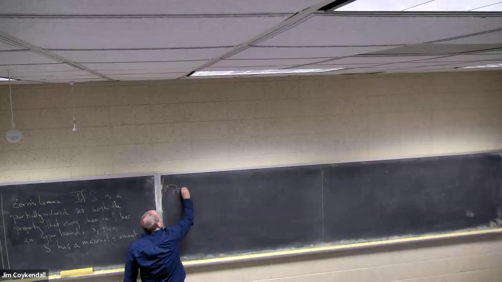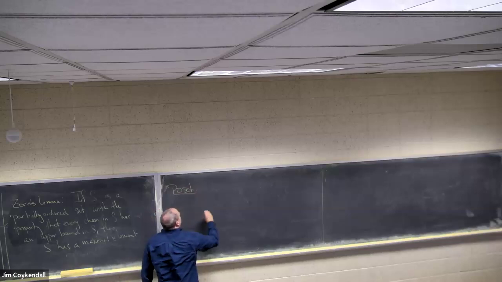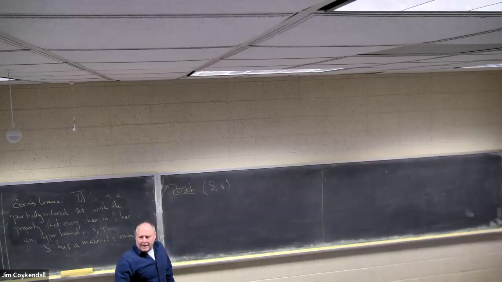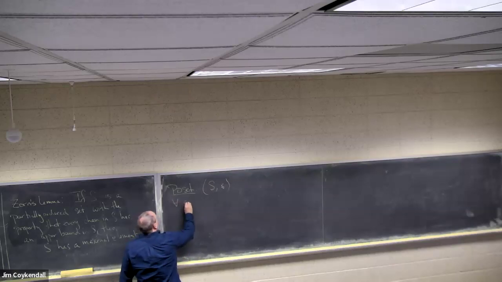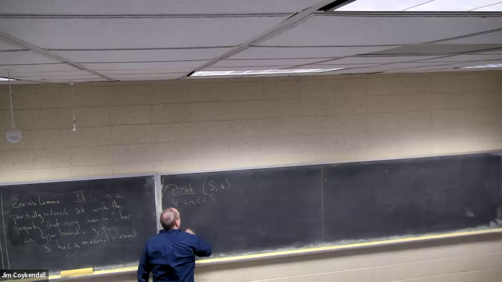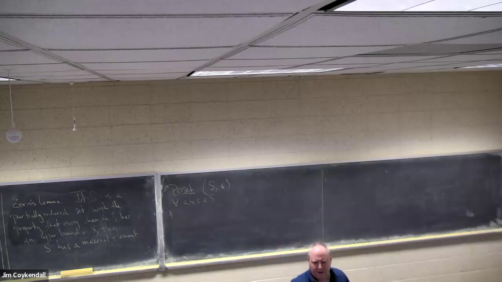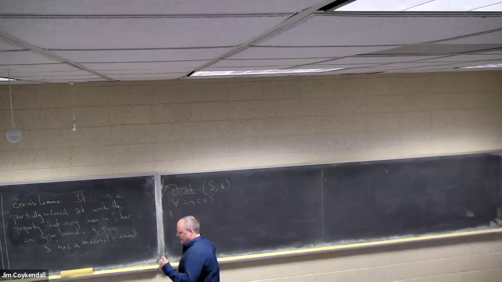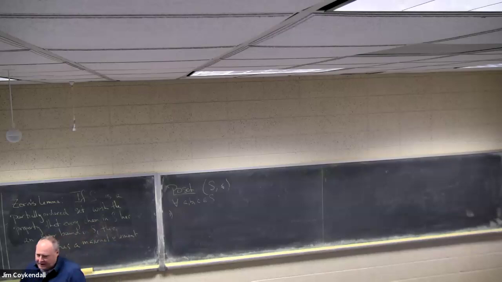This is sometimes called a poset. You might remember what a partially ordered set satisfies: it is reflexive, antisymmetric, and transitive.